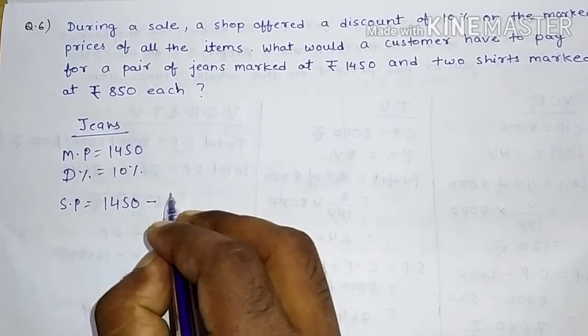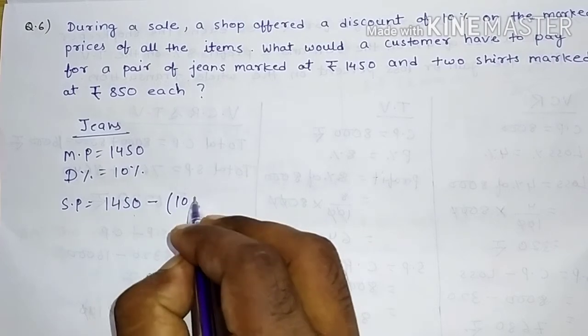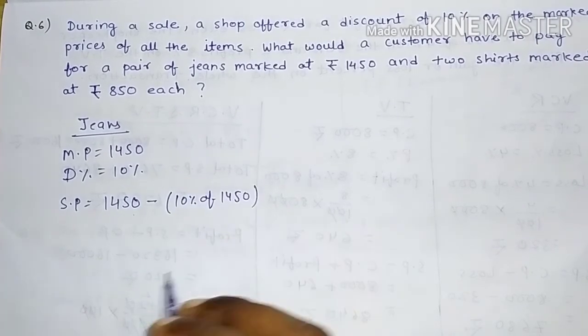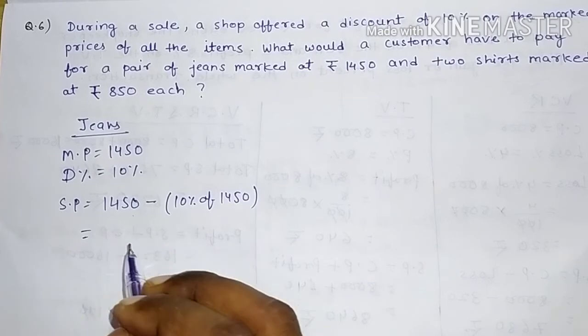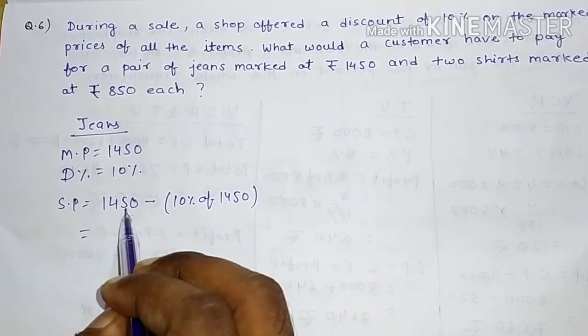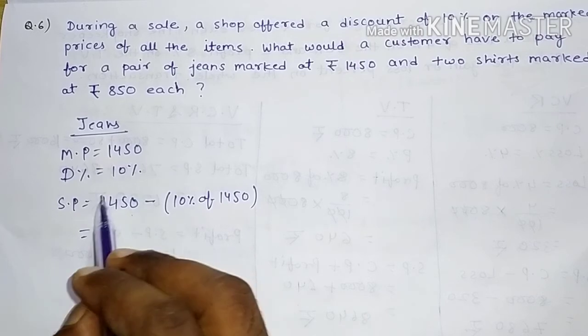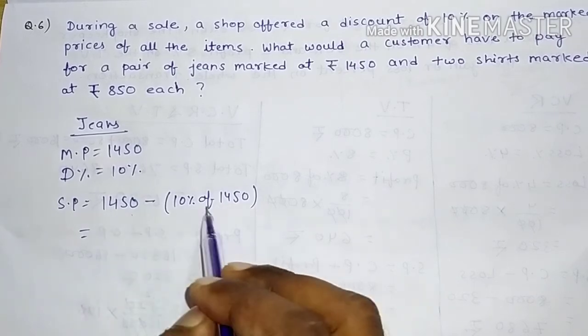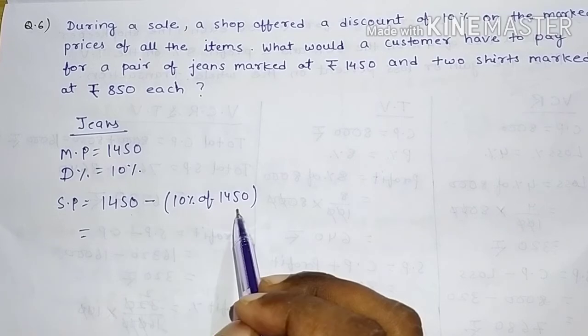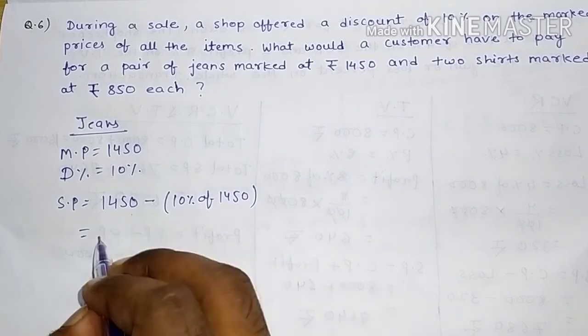Now the selling price equals mark price, that is 1450, minus discount. So the discount will be 10% of 1450. So just simplify it.